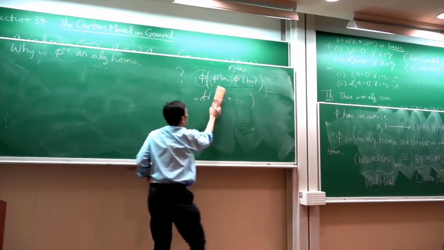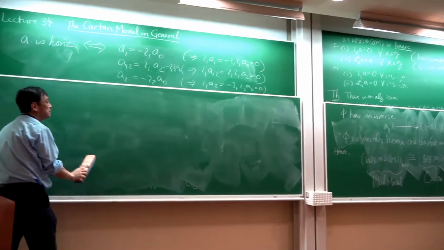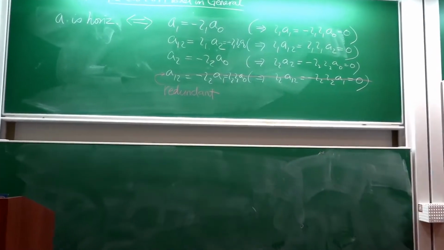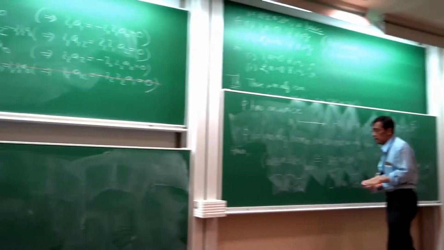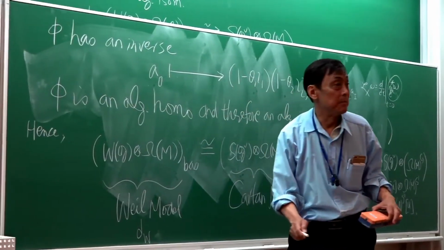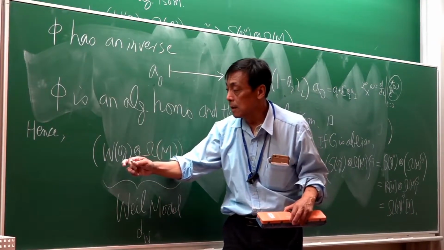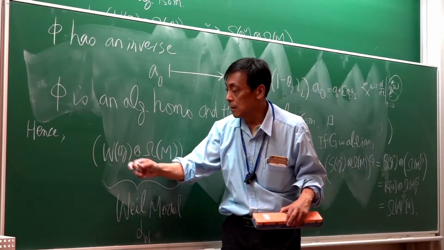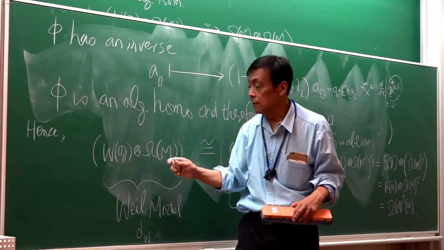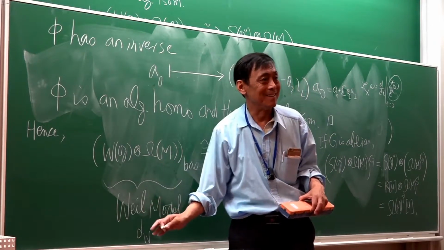Now, the differential here, we'll call the Weil differential, dW, because you have a D on the Weil algebra and you have a D on the de Rham complex. So there's a D on the tensor product.